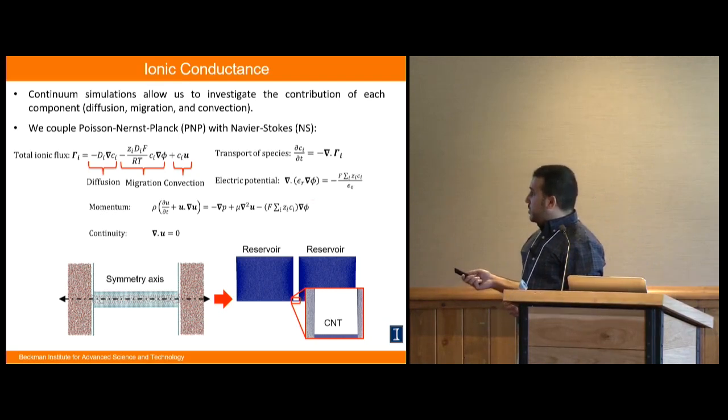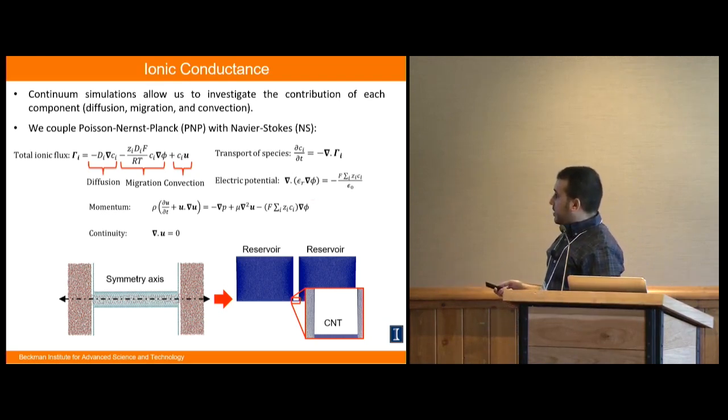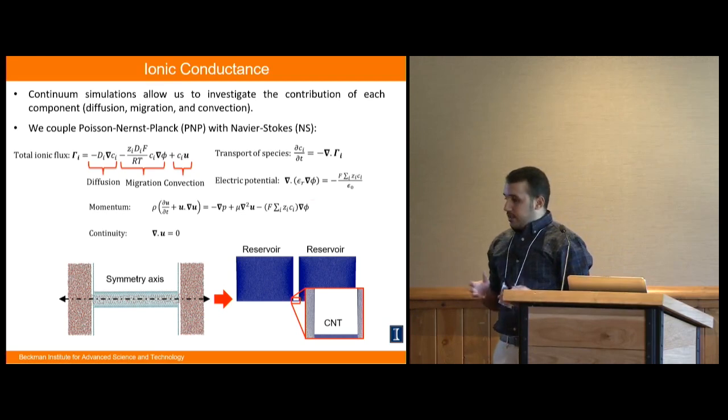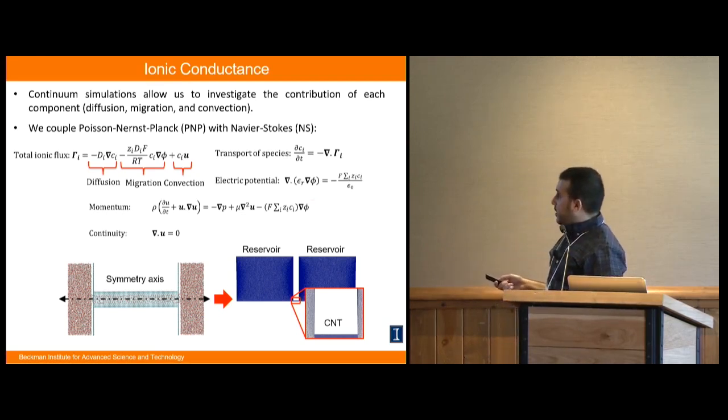With the Poisson-Nernst-Planck equations, we can study the ionic flux, transport of species, and the electric potential, whereas Navier-Stokes helps us to study the velocity and the pressure field within the carbon nanotube. And if we solve only the PNP part, Poisson-Nernst-Planck, we don't include the effect of the velocity, and we can then turn on again the Navier-Stokes part and see how the velocity will change.